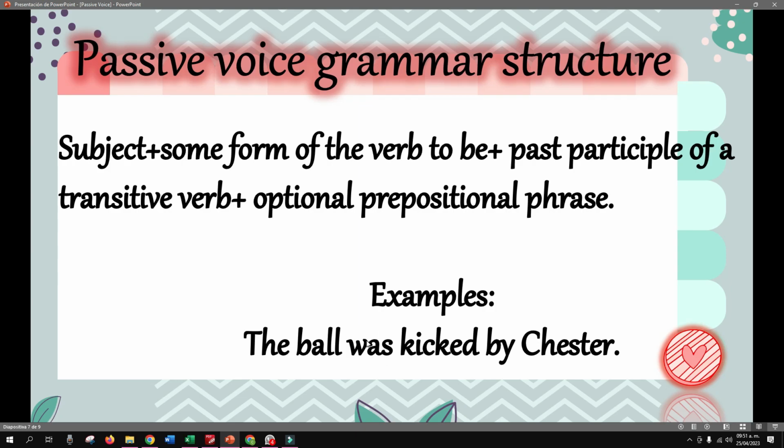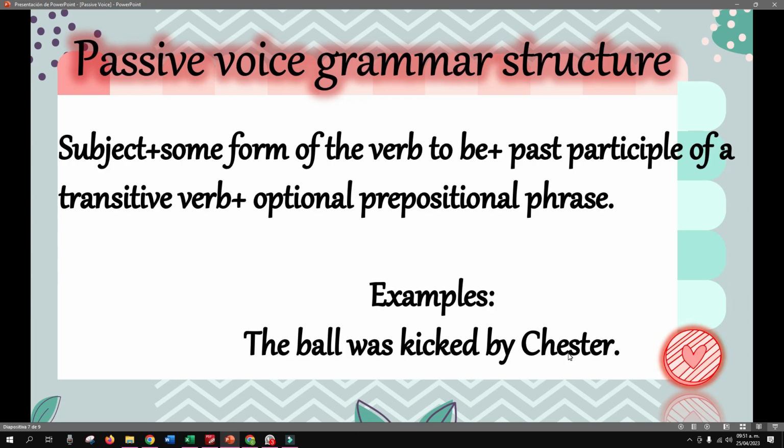That is the conjugated form of the verb be in past. Then kicked. That is the past participle. That is not past, like Chester kicked the ball. In this case, that is past participle. And the optional prepositional phrase. Who did that action? Chester. So the ball was kicked by Chester.